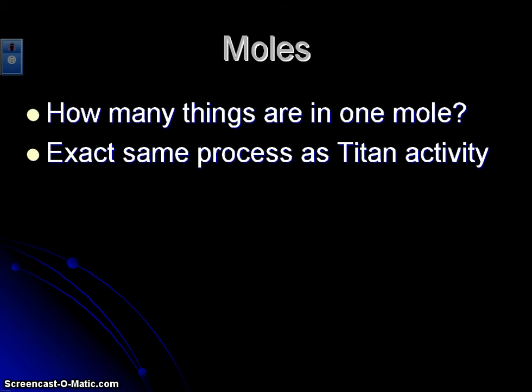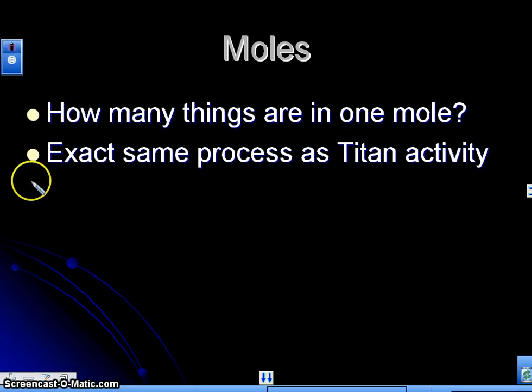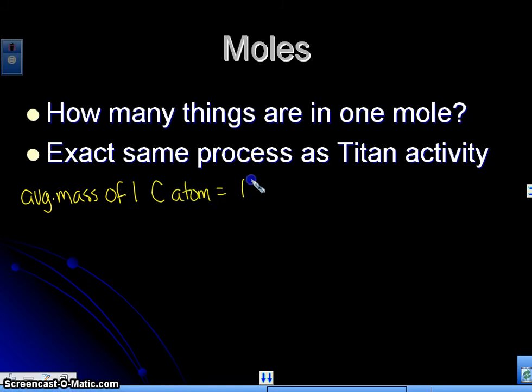Let's start by saying that we know that the mass of one carbon atom is equal to 12.01 AMU.